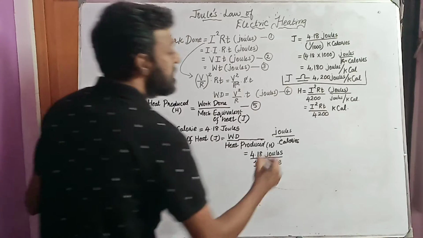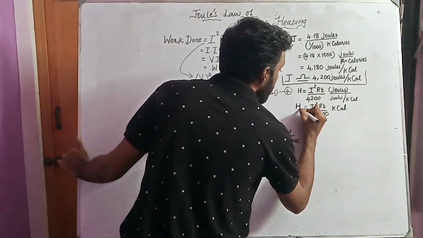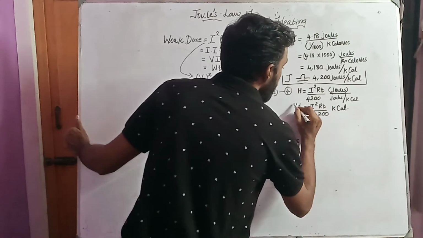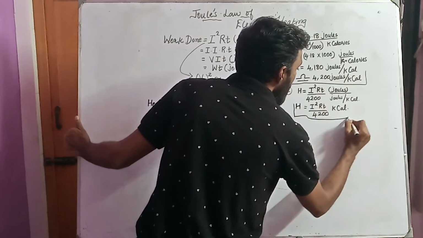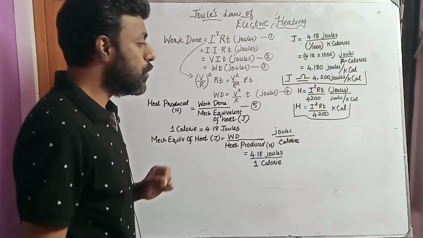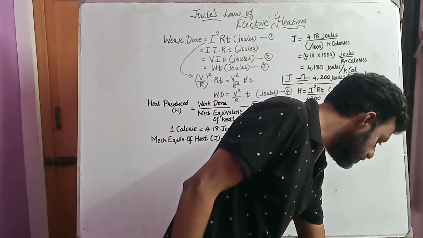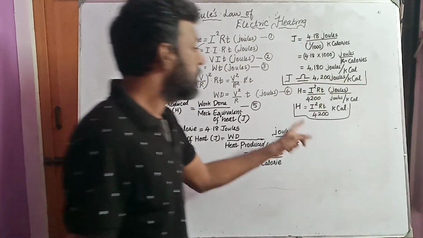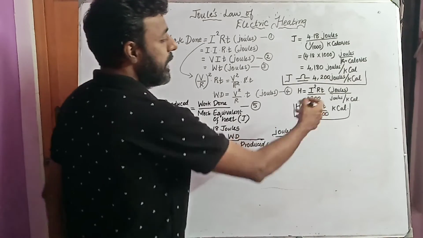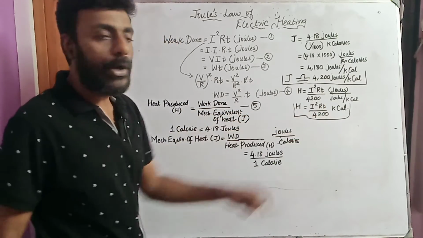So the heat produced H is equal to I squared into RT divided by 4200 kilocalories. So this is one way of finding the heat produced.